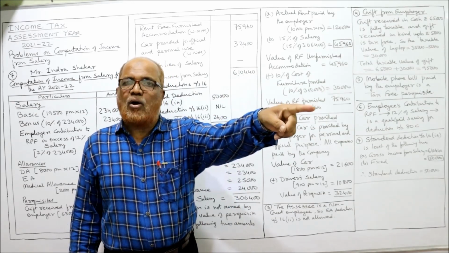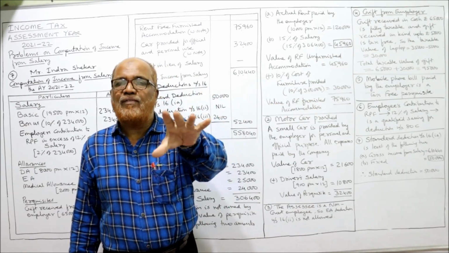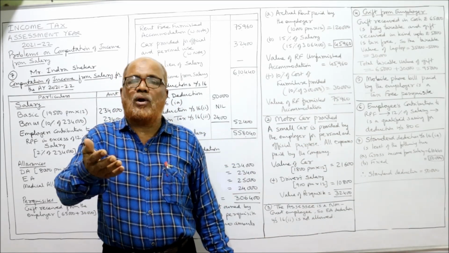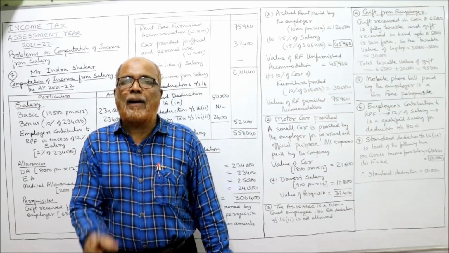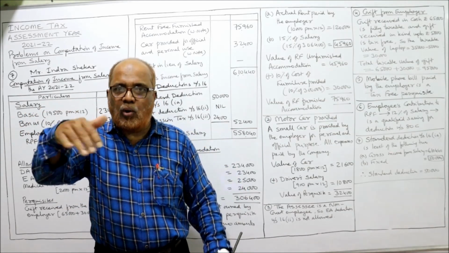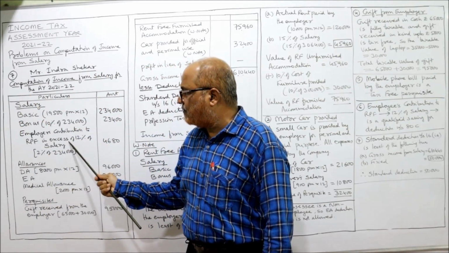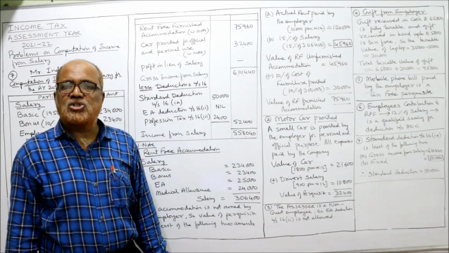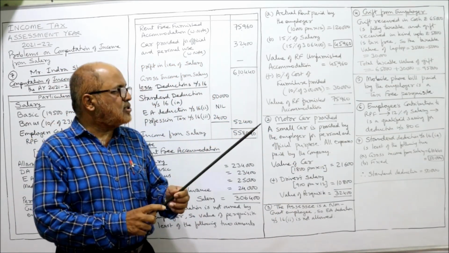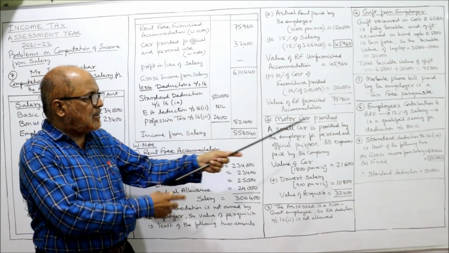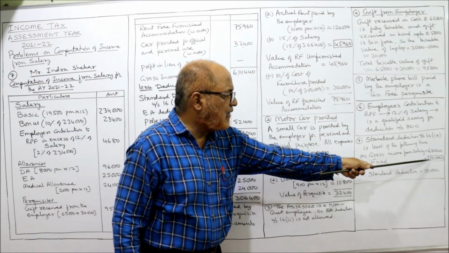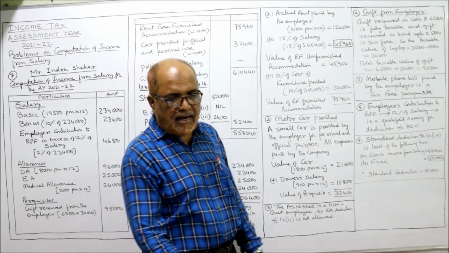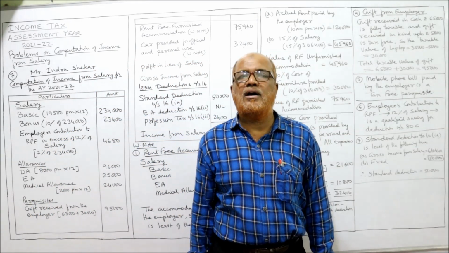Whatever the employee contributes will be a qualified saving under section 80C. Employer's contribution up to 12% is not taxable income, over 12% is taxable. So we have taken here 2%. Then last one, standard deduction is the lesser of the following two amounts: gross income from salary, that is 6,10,440, or fixed amount 50,000, whichever is less. That's all. So this is the end of problem number 7.